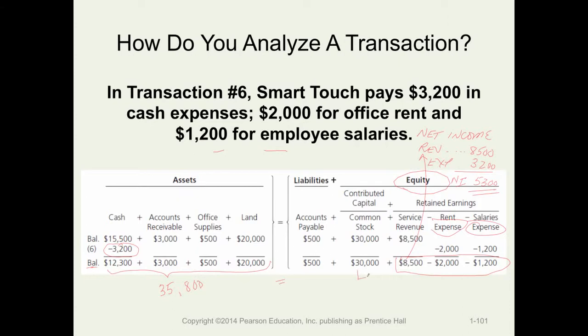Your total stockholders' equity now, if you add this up, is the $30,000 of capital stock plus the $5,300 of income. So that's 35.3 plus the 500 in liabilities, 35.8. And again, the balance sheet balances. So once again, we are in balance. The balance sheet equation will balance.